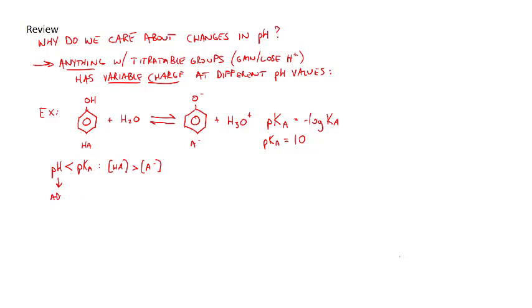If you add H3O+, pH should go down, right? Well, if you add H3O+, what's happening over here? If you are at pH below your pKa, that means you have more H3O+ than you would at a higher pH. The more H3O+ that you have, the more this equilibrium gets pushed to the left, and we end up with more of our conjugate acid.